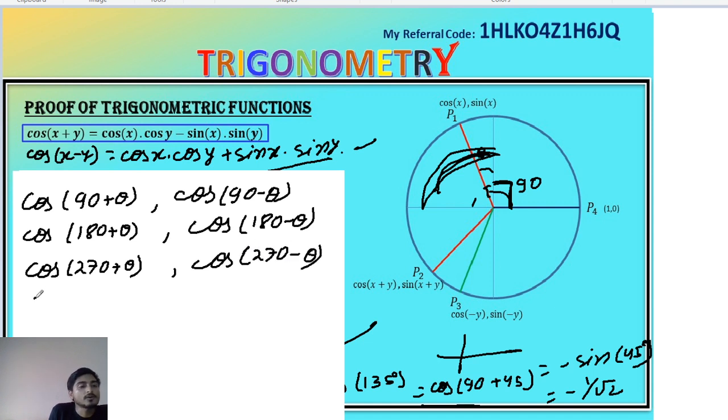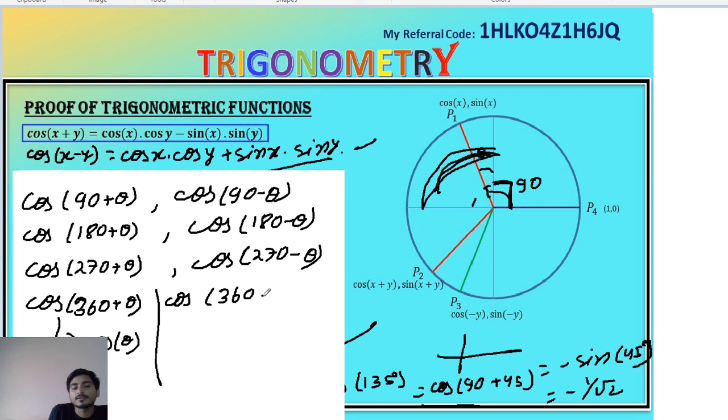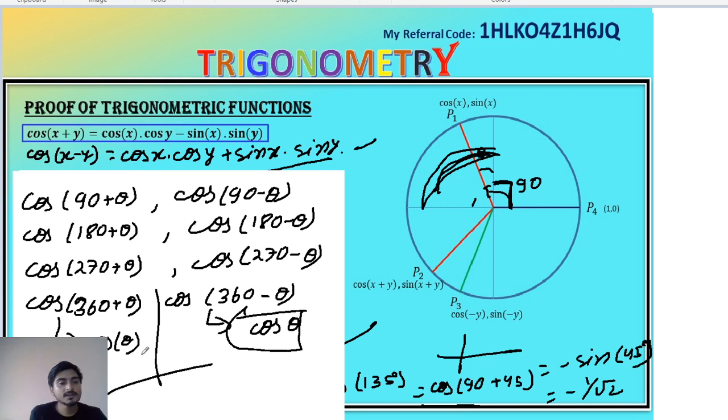Cos of 360 plus theta is not required at all, because you have already studied that it is equal to cos theta only. And cos of 360 minus theta, we already saw, doesn't need any explanation, as that is directly equal to cos of theta. Is it clear? Hope everyone got it.